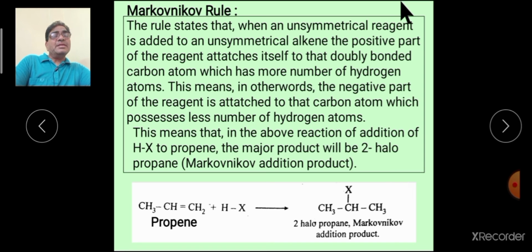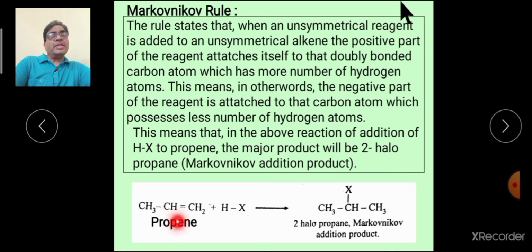This means that in the above reaction of addition of hydrogen halide to propene, the major product will be 2-halopropane according to this Markovnikov rule, that is, a Markovnikov addition product.